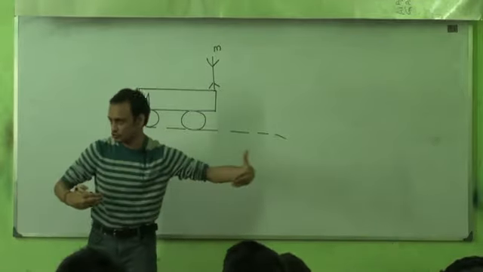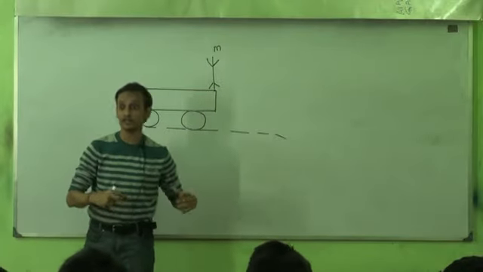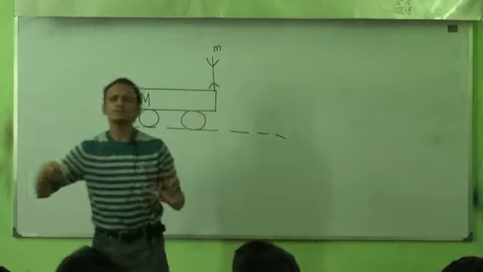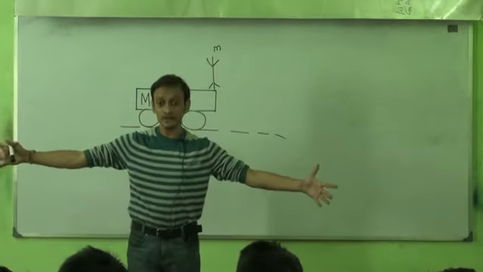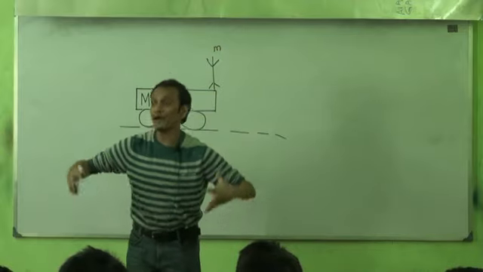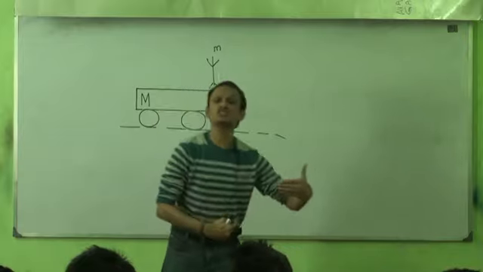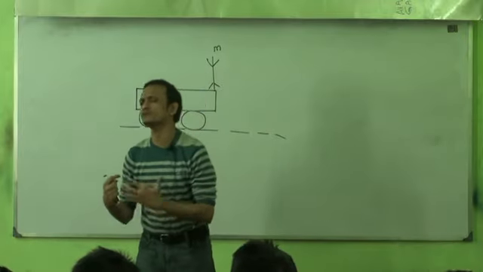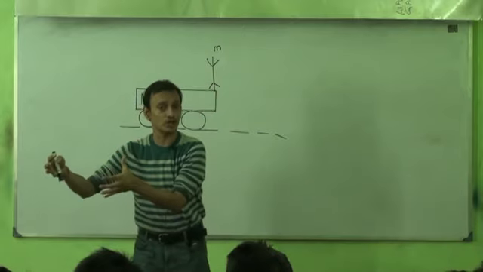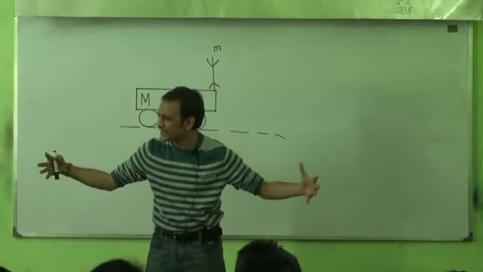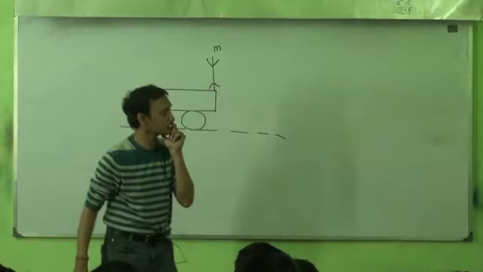If the man proposes to jump in the forward direction, the trolley, to preserve linear momentum in the horizontal direction, would move backwards. And realize that in the horizontal direction, small m and capital M together have no net external force acting on them. So then it would be pretty legitimate to preserve linear momentum for small m and capital M before and just after the jump, right? No net external force acting on small m plus capital M horizontally, right?